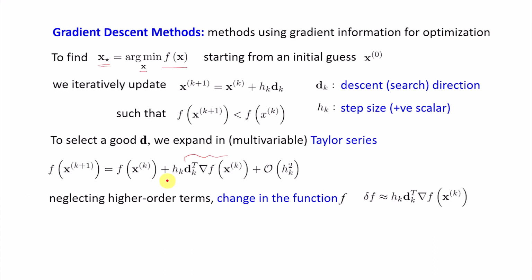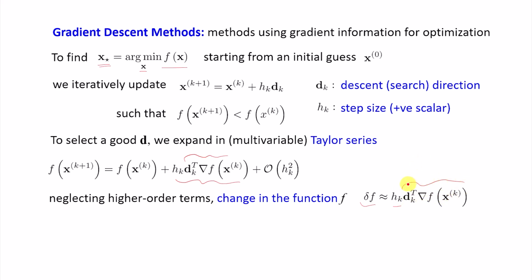In that way, we can say that as I go from the kth to the k plus 1th iteration, the change in f of x, that is delta f, is equal to hk times the inner product of dk and del fk.